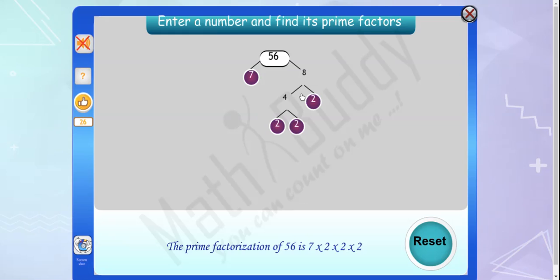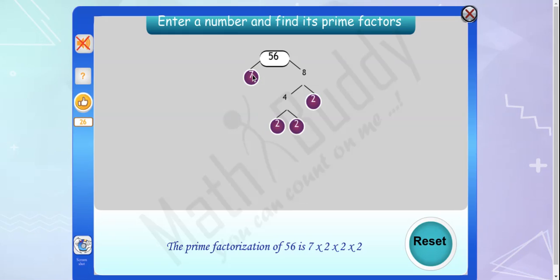You cannot go below this. We don't have any number which can be further divided into prime numbers, right? And what you should also notice is I can get this number 56 by multiplying all these prime factors. So these numbers that you see are all called prime factors of the number 56.